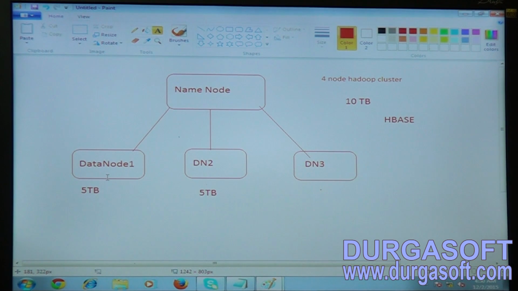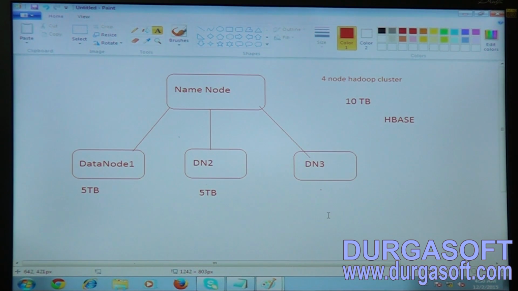So say data node 1 capacity, my server capacity, assume it can store a maximum of 10 terabytes. Similarly data node 2 is a similar kind of server, 10 terabytes. Data node 3 capacity is only 5 terabytes. So my total cluster size is 25 terabytes.